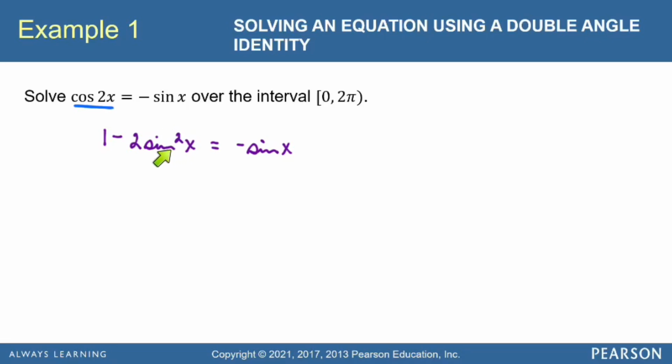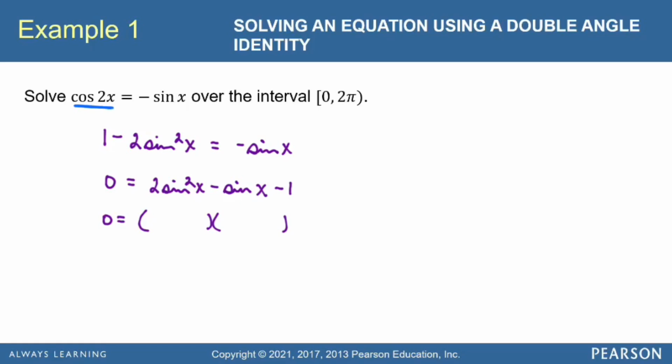So let's take this negative squared term and move it to the right side so it can be positive. And we will also move this 1 to the right side, and that will make it negative. So that will give us 0 equals 2 sine squared x minus sine x minus 1.